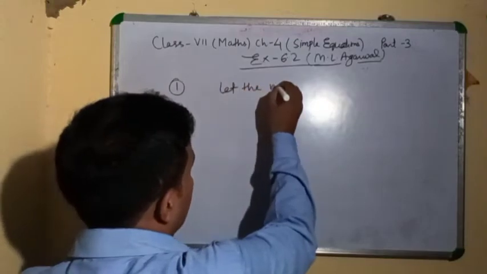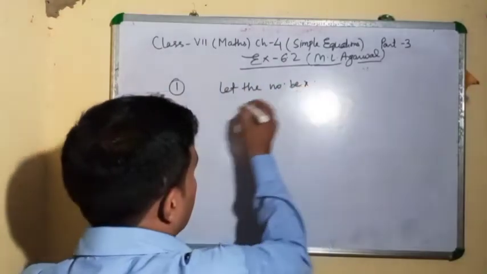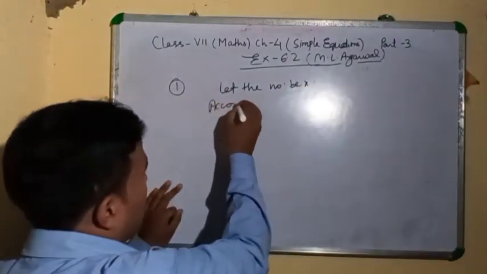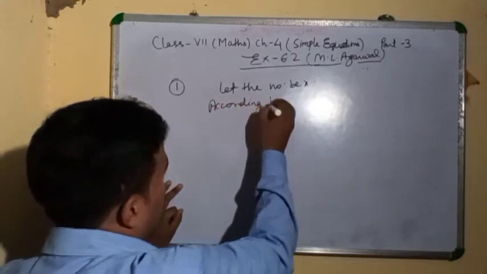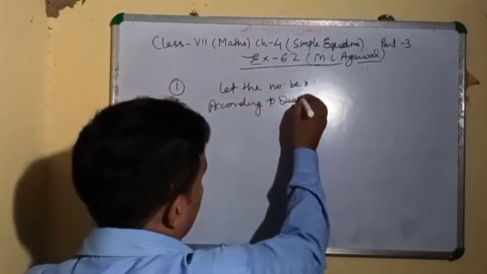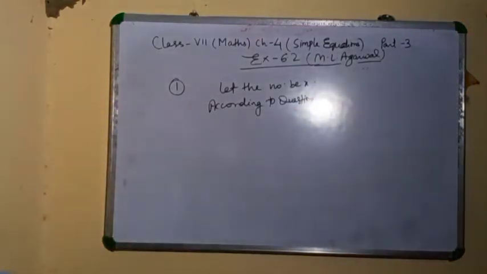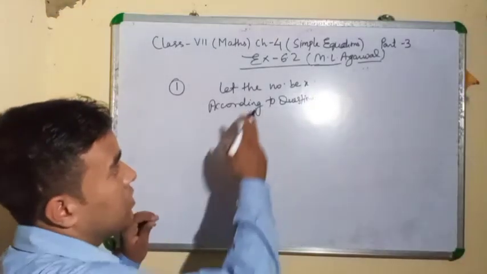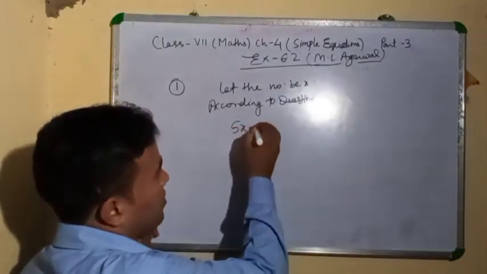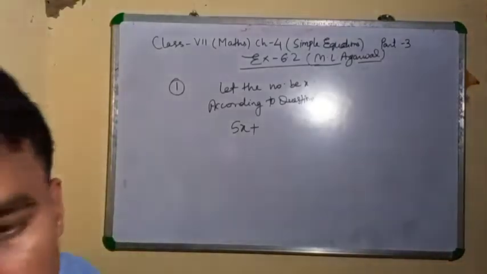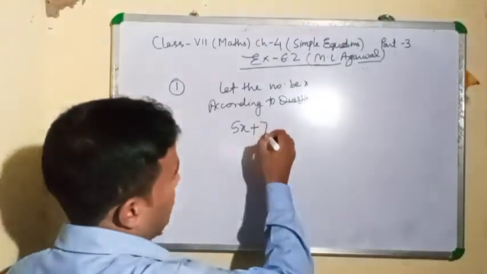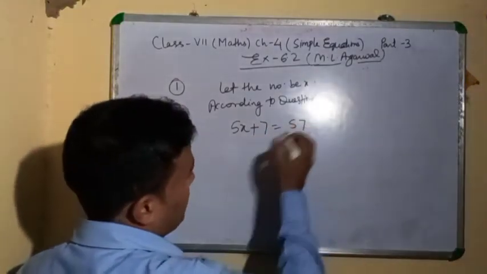According to question, if 7 is added to 5 times a number, 5 times a number means this number, 5x plus added 7 equal to 57.